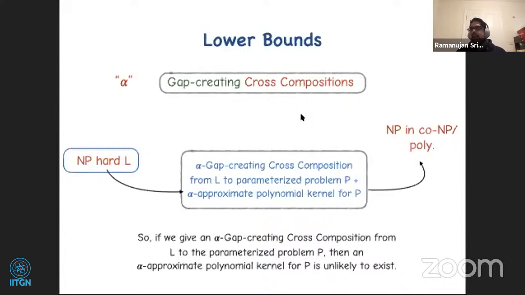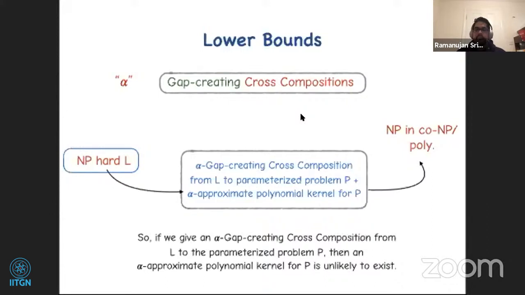So this is something unlikely. That's the main thing. So to show that an alpha approximate polykernel for P is unlikely, it is sufficient for you to give an alpha gap creating cross composition from some NP-hard language L to your problem.